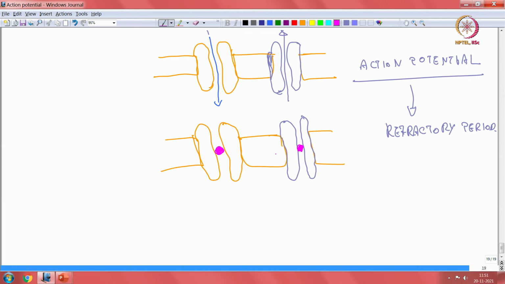This is the native state of the membrane, but the key point to be understood is that even if you put in a stimulus, a negative charge, there is no change in the block. So, there is a particular time after an action potential when there is a recovery of these cellular parameters.